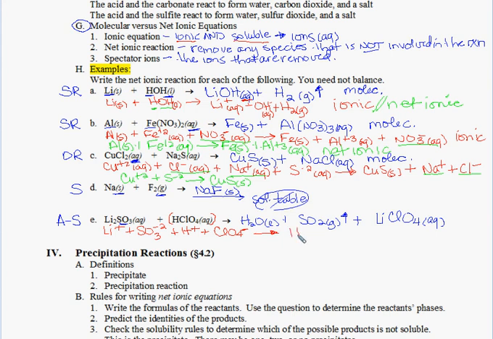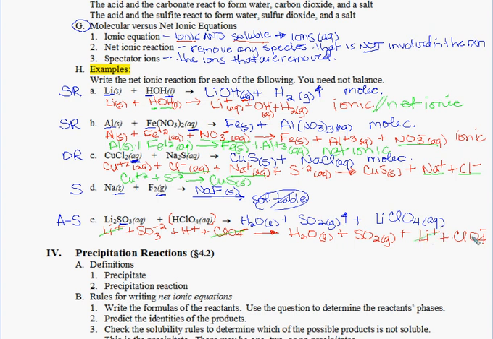Again, we're going to have our water as one product, our gas of sulfur dioxide as another product, and then our ionic compound that is highly soluble as our third product. If you can see already, you should be seeing some spectators.